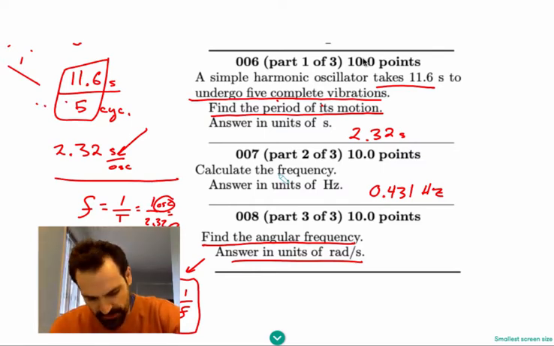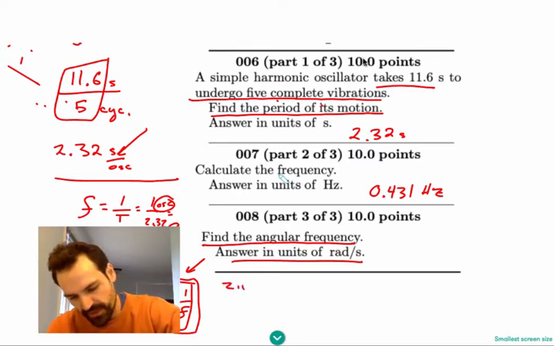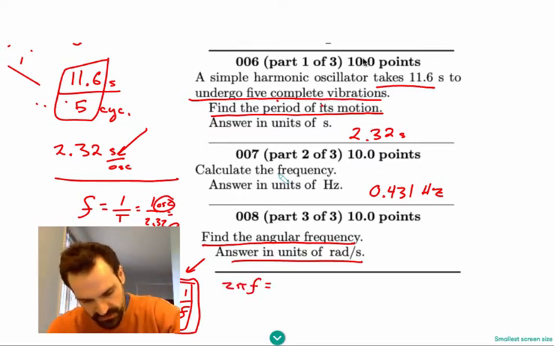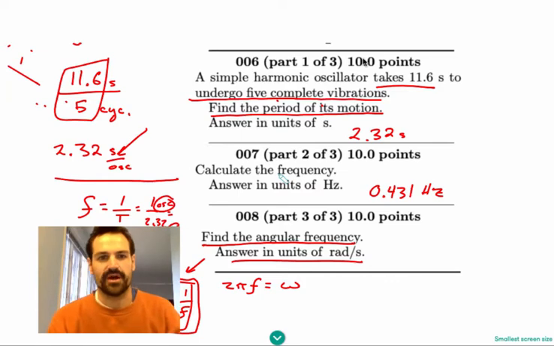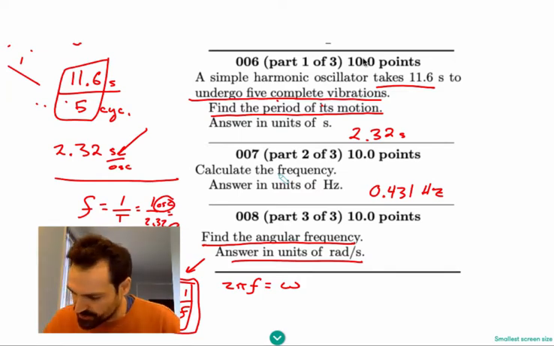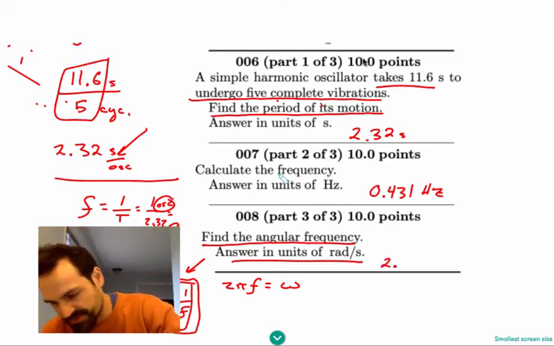I'm going to use this second one, and I'm going to cross multiply and say 2 pi f equals the angular frequency or angular velocity. Both those terms mean the same thing. I want to make that clear now. So then we just take our frequency and multiply it by 2 pi. And you're going to get 2.71 radians per second.